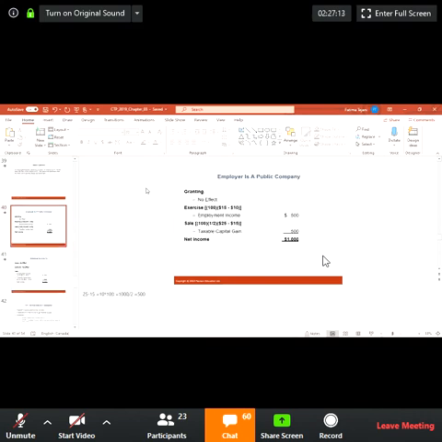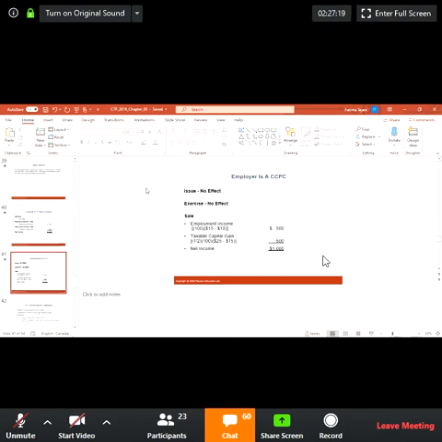If it is a public company, when you exercise the option, you will consider it a taxable benefit. But if it is a Canadian controlled private company, there will be no effect at the initial granting stage, and even when you exercise it, there will be no effect.